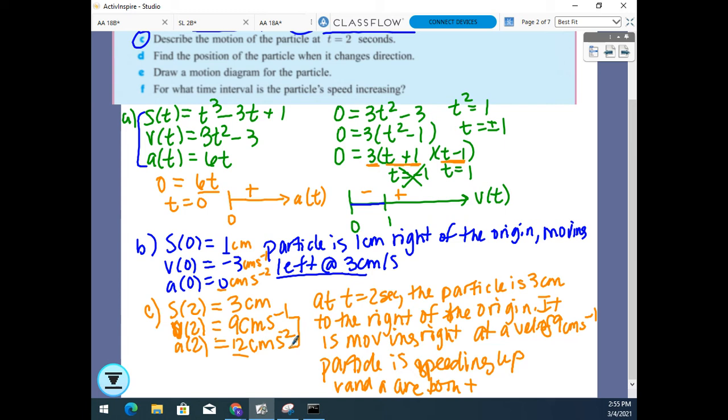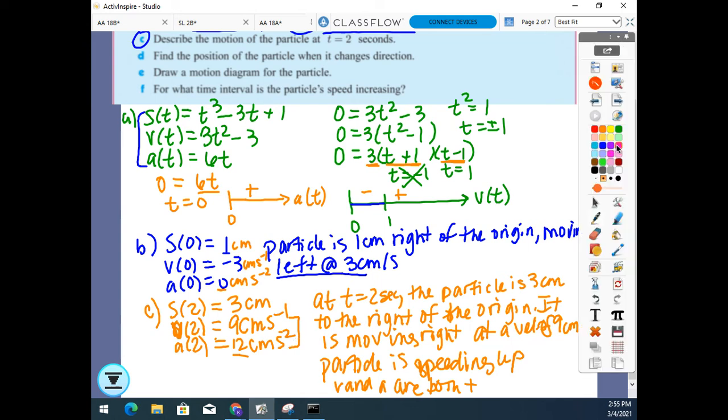All right, letter D. We already found the time at which it changed direction. So now I'm going to come back up here because this is where we found when it changed direction.